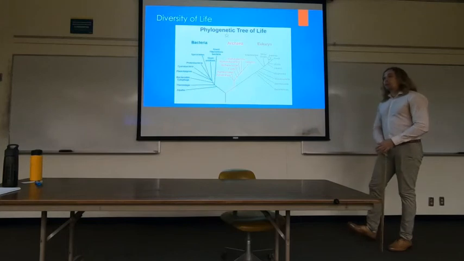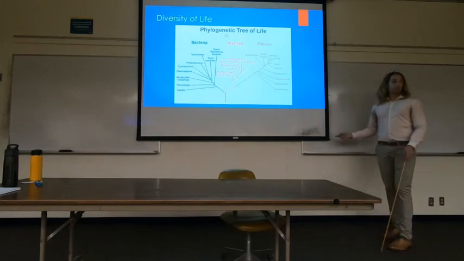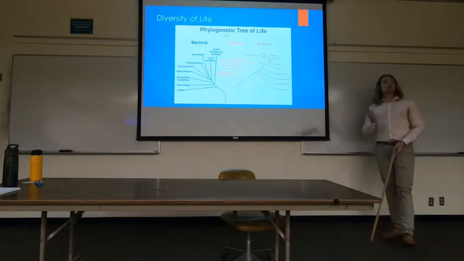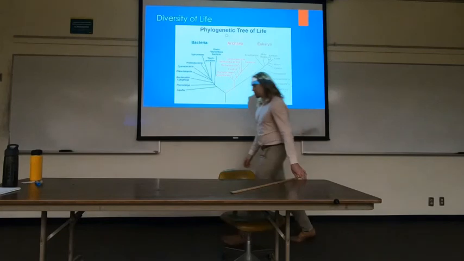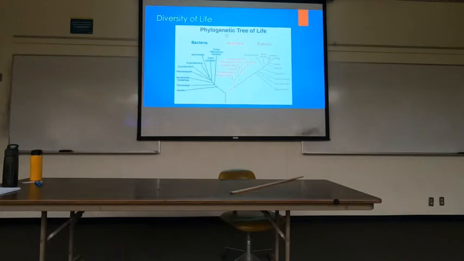Also remember though that doesn't mean that one evolved from the other, as with the humans and the chimps. It just means that we evolved from the same common ancestor. You guys fairly comfortable with how to read a tree? Those are the most in-depth questions I would ask you about a phylogenetic tree.